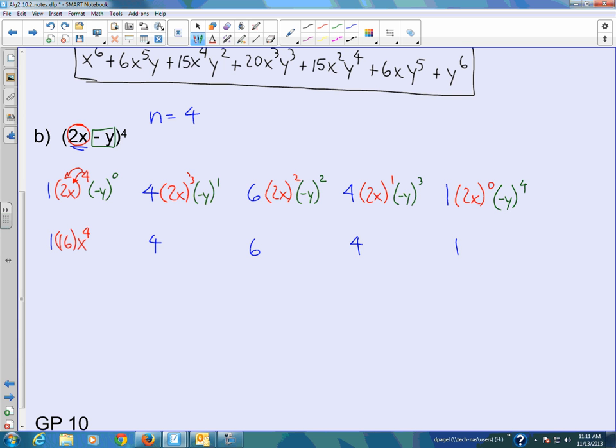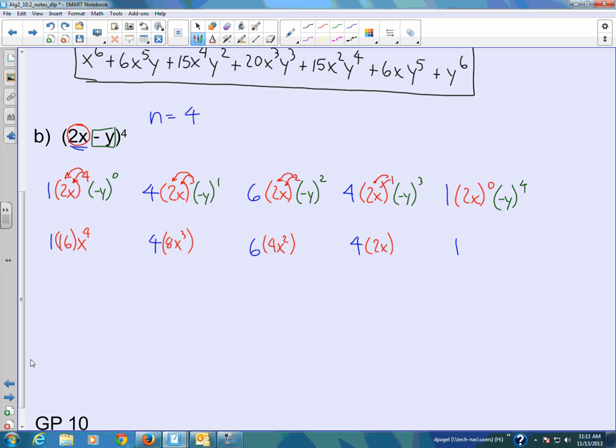And then now we're going to go 2 to the 3rd, x to the 3rd. So this becomes 4 times 2 to the 3rd is 8, x cubed. And then 2 squared x squared becomes 4x squared. And 2 to the 1st, x to the 1st becomes 2x. And 2 to the 0 just becomes 1.